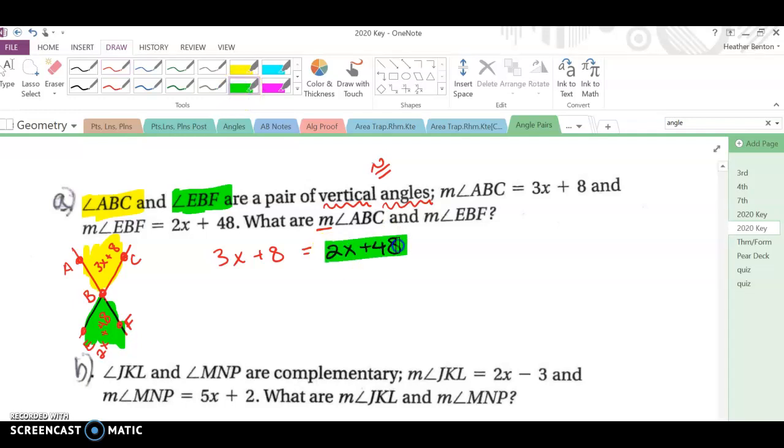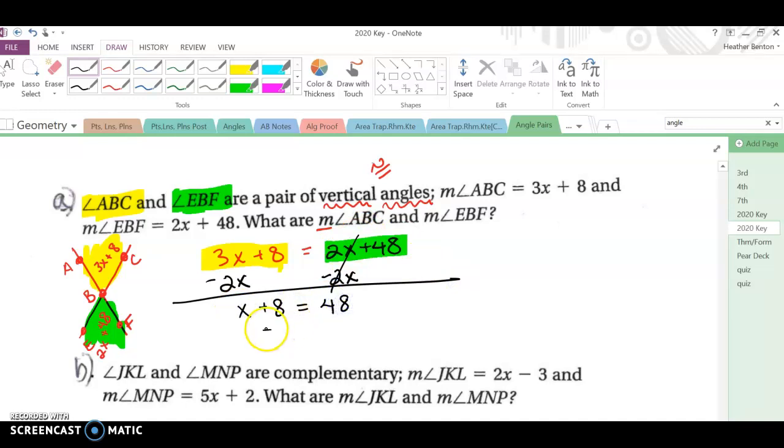When you think about the word vertical angles, I hope you're automatically thinking about setting things equal to each other. Okay, from here I'm just going to solve this equation. So I'm going to get all my x's on one side. I'm going to subtract 2x from both sides, and so that gives me x plus 8 equals 48. I'm going to subtract 8 from both sides, and so x equals 40.